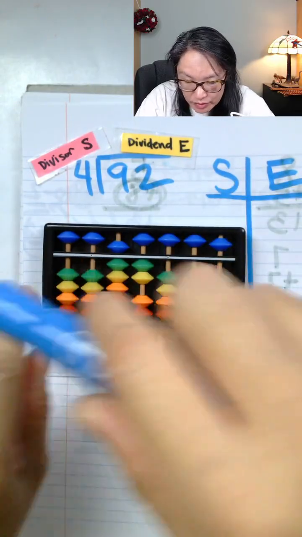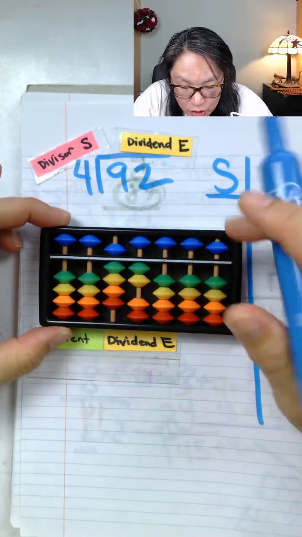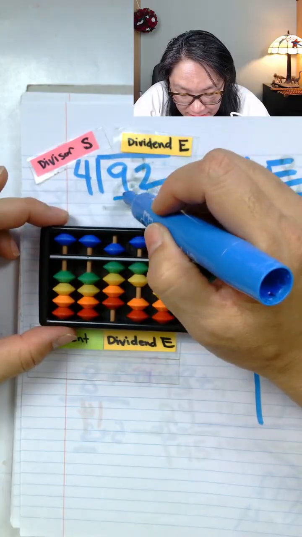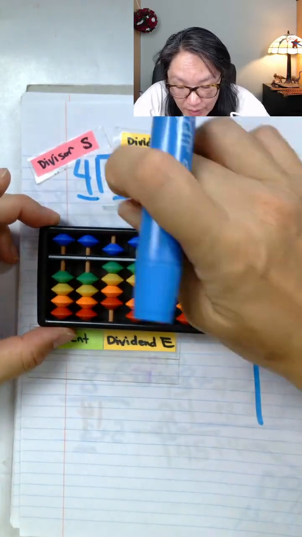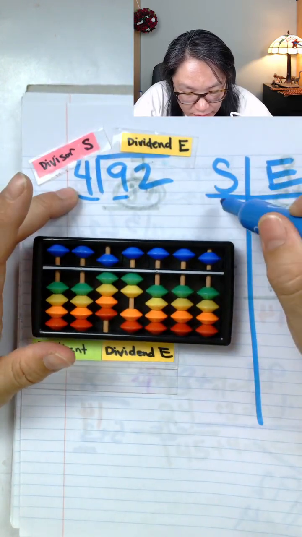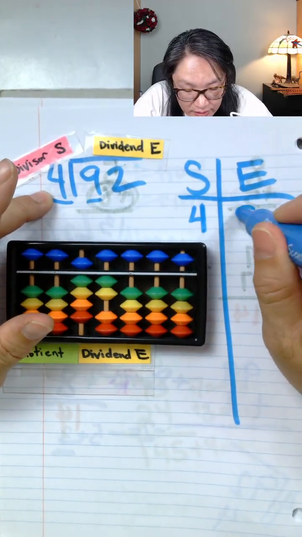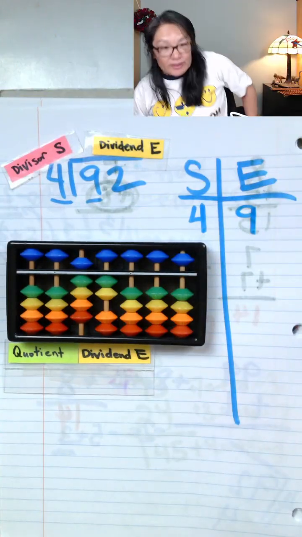Remember, we have to compare our dividend and our divisor. The divisor is 4 and our dividend is 9. Who is bigger, Melinda?